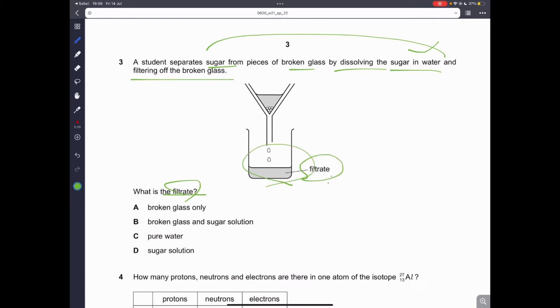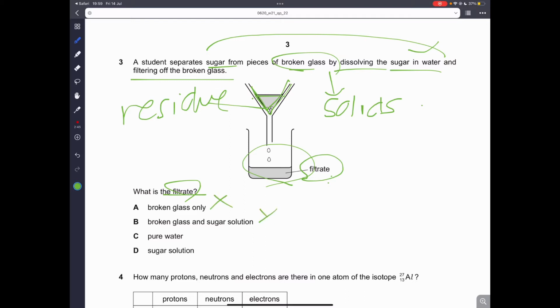And then the broken glass gets filtered out. The broken glass, remember, is big chunks of solids, so they will get left in the conical flask. Now this is what we call the residue, and therefore the broken glass is not the filtrate, but the filtrate is actually the sugar solution. Therefore D is the correct answer.